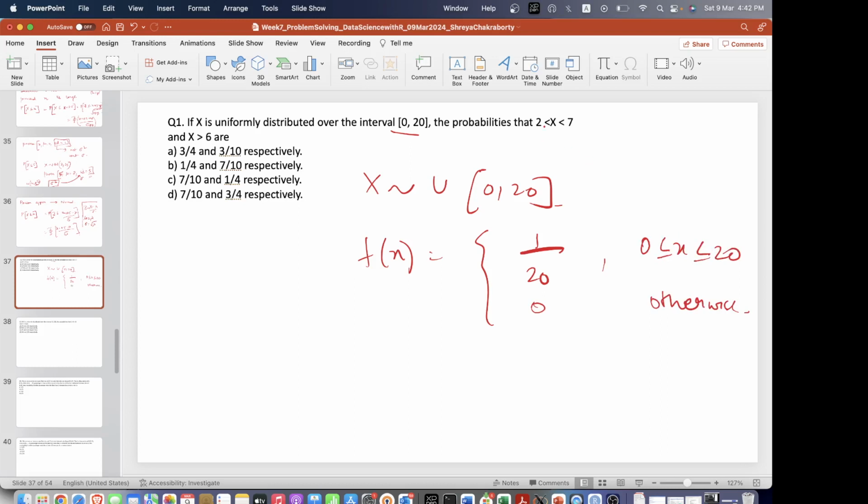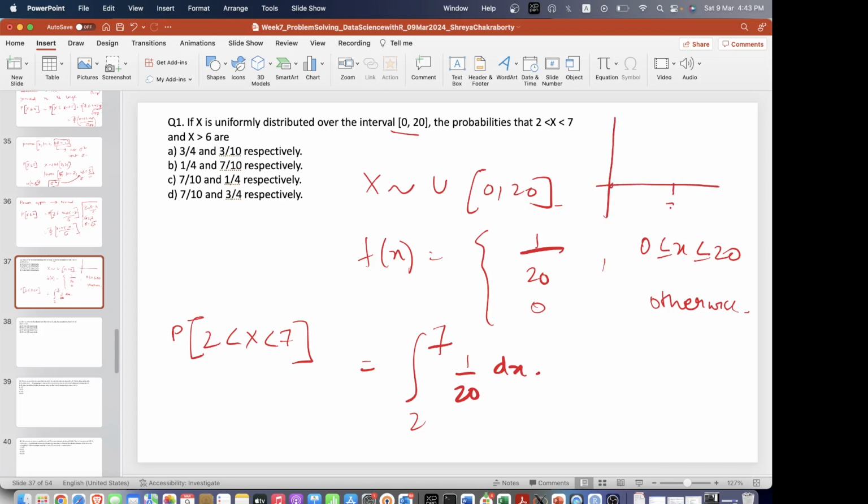So probability 2 less than x less than 7 would be the integral from 2 to 7 of 1 by 20 dx. Now how did I write this? See, this is uniformly distributed over 0 to 20, so from 0 to 20 the graph is this. Now I want the area between 2 and 7, so I write the f(x) value over here and integrate from 2 to 7.